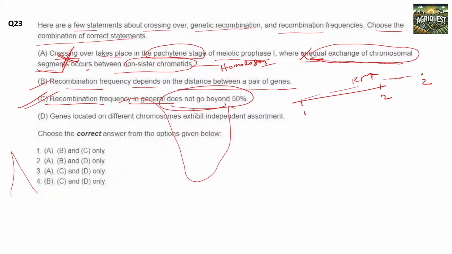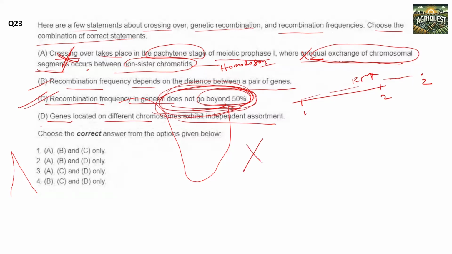You should know why it does not exceed 50%. It is the average value, beyond which the recombination frequency cannot exceed. Genes located on different chromosomes exhibit independent assortment.